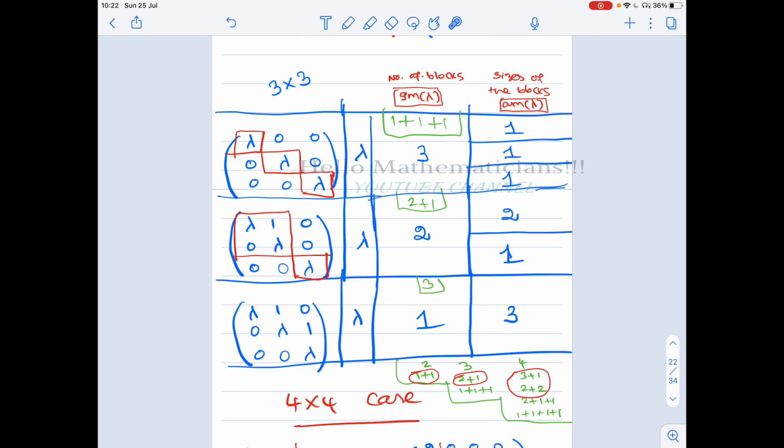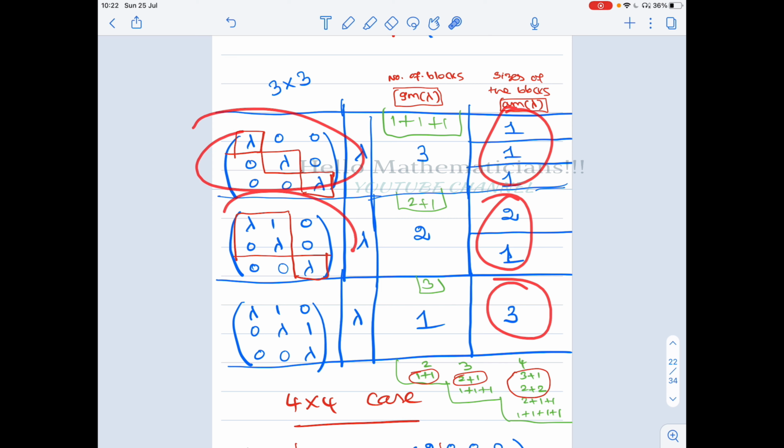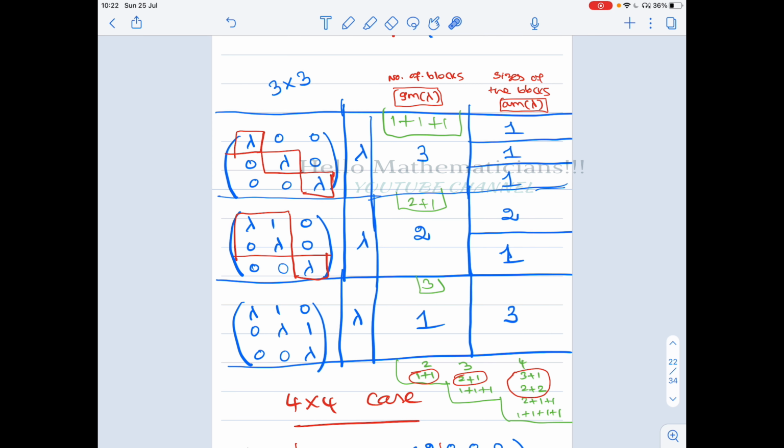Because I am saying it is a 3 by 3 matrix, and that algebraic multiplicity is 3, all three matrices have algebraic multiplicity 3. Now I am saying geometric multiplicity is 2. Then definitely this is not possible, this is not possible, this is the only possibility.